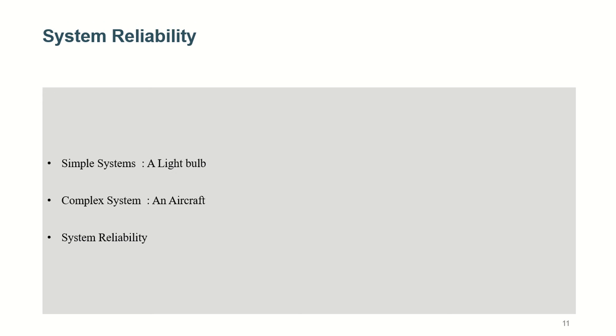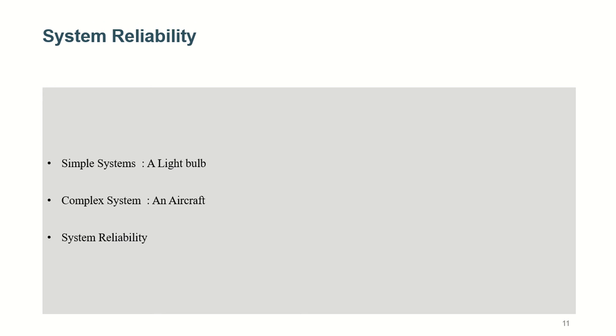So that increases the probability of the whole system's failure. The resultant reliability will depend on the reliability of individual elements and their mutual arrangement, like the way you have arranged your elements, and whether that element itself is reliable or not. So if you arrange those elements in a proper manner, then the suitable arrangement can increase the reliability of the system. But if you don't arrange them in a proper manner, then it can also decrease the reliability of your system.